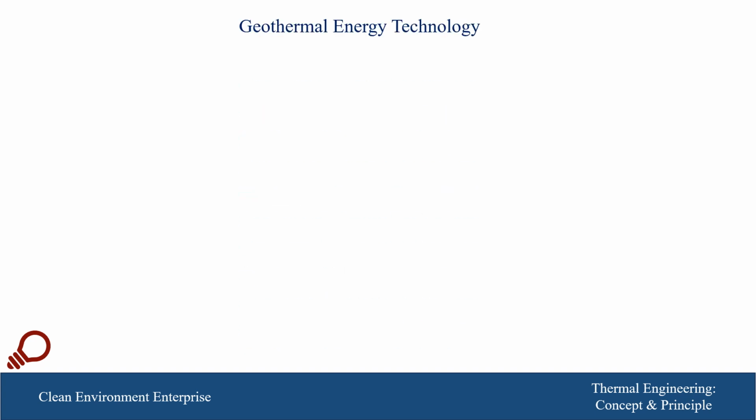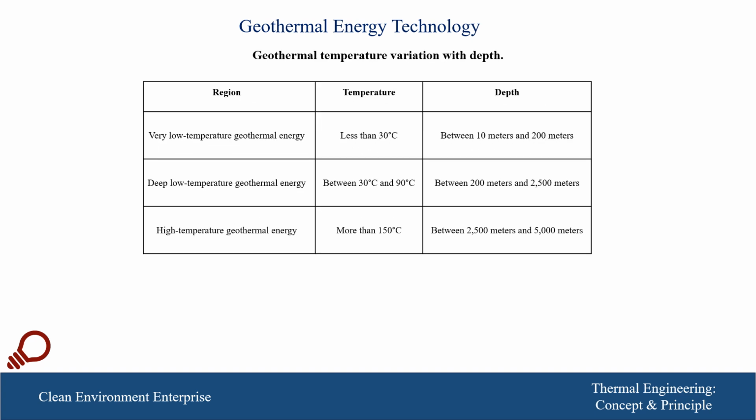Now let us consider the geothermal energy and the temperature variation as we go deep in the ground. We may find this table in the open literature, which shows the variation of temperature with depth. For depth between 10 meters up to 200 meters, the temperature will be around 30 Celsius. If we go deep to 2.5 kilometers, then the temperature may range between 30 and 90 Celsius.